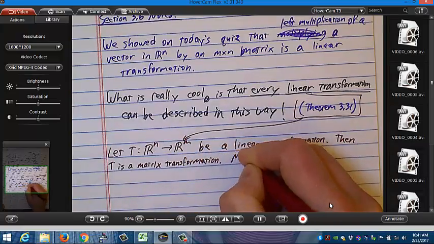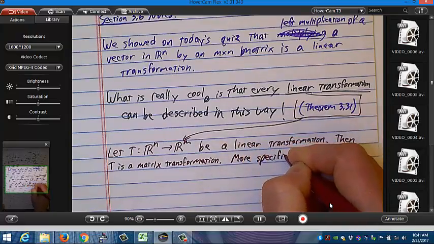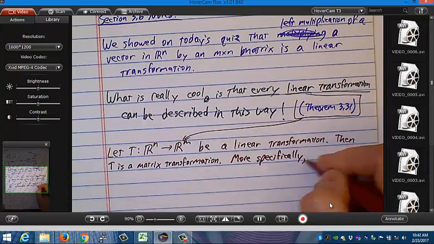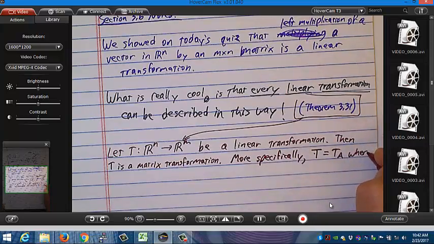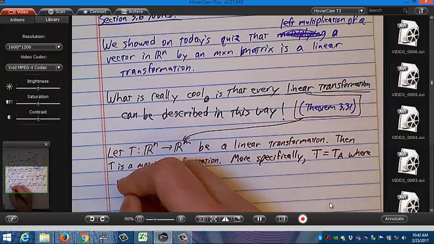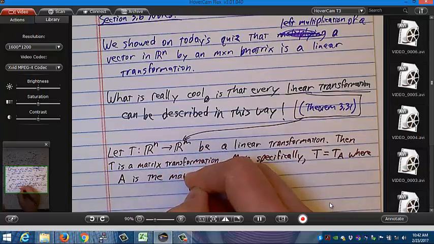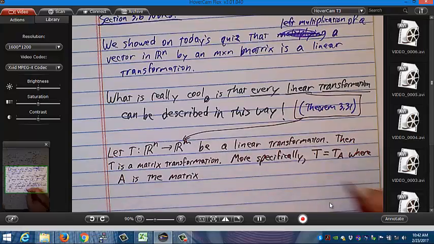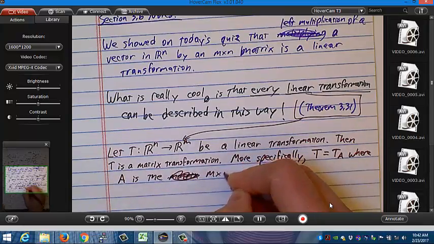More specifically, T equals TA, where A is the matrix, maybe I should even say m by n matrix.